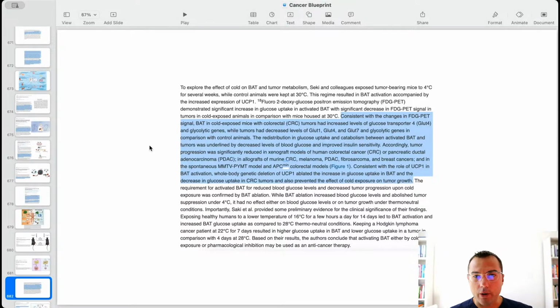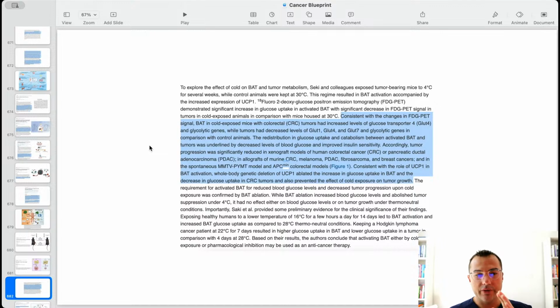All right, going forward, consistent with the changes in this FDG PET scan signal, brown adipose tissue in cold exposed mice with colorectal tumors had increased levels of glucose transporter 4 and glycolytic genes, while tumors had decreased levels of GLUT1, GLUT4, GLUT7, and glycolytic genes in comparison to control animals.